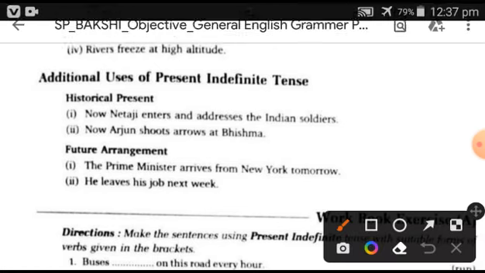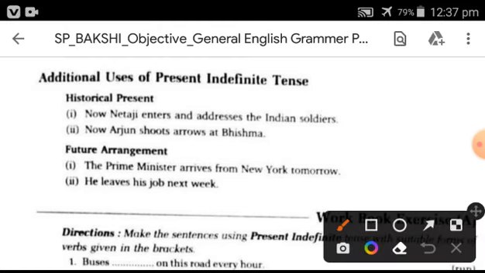Historical present means when you have to indicate the historical present. What does it mean? It is very important.